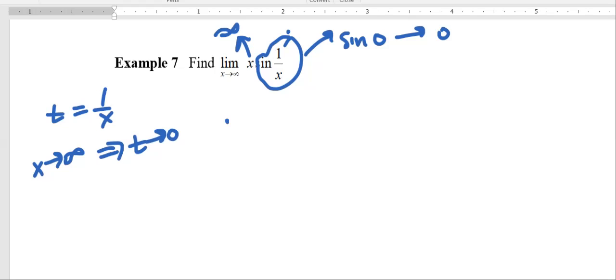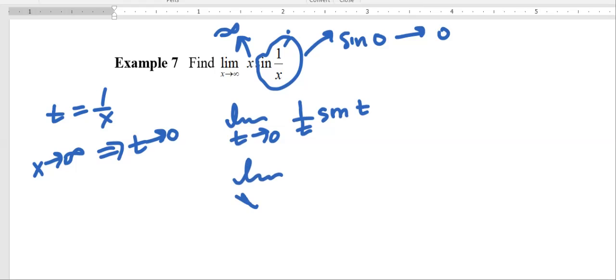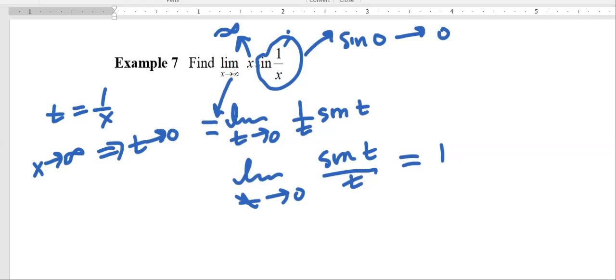So we can write this limit, t is heading to 0, and x is 1 over t, and we have the sine of t. So that's the same as sine of t over t, and we're all familiar with that limit. We know that's equal to 1. So we found that our limit was equal to 1.